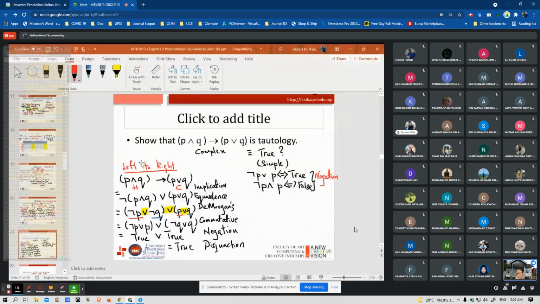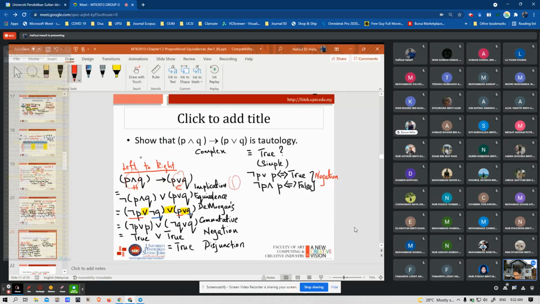Okay, this one shows that P and Q implies P or Q is a tautology. First we go for the left to right. P and Q, and P or Q. This one is an implication.